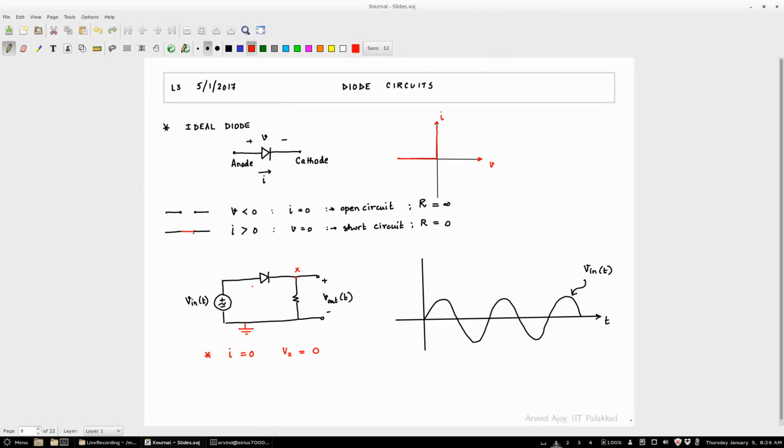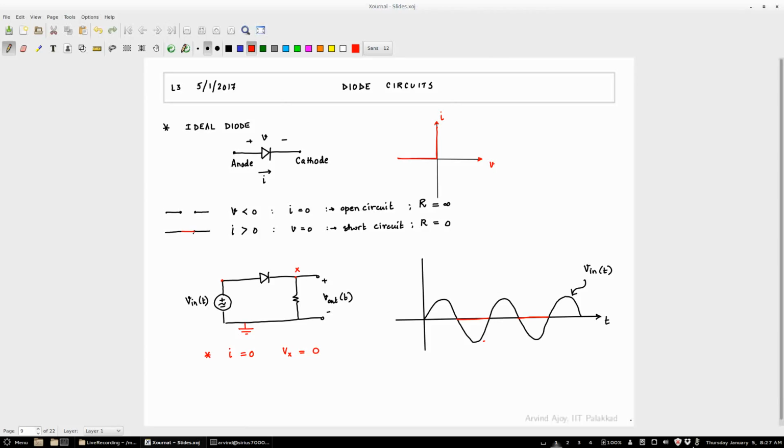And if Vx is 0 and this device is basically off, what should we? So the problem you are trying to solve here is, you are trying to find out for what value of Vin will I be 0, right?